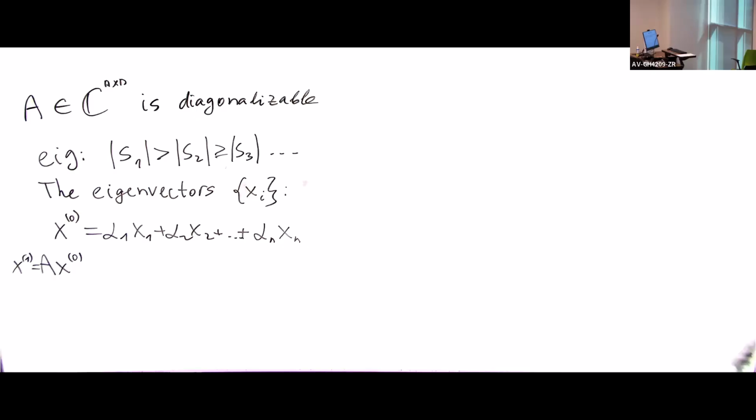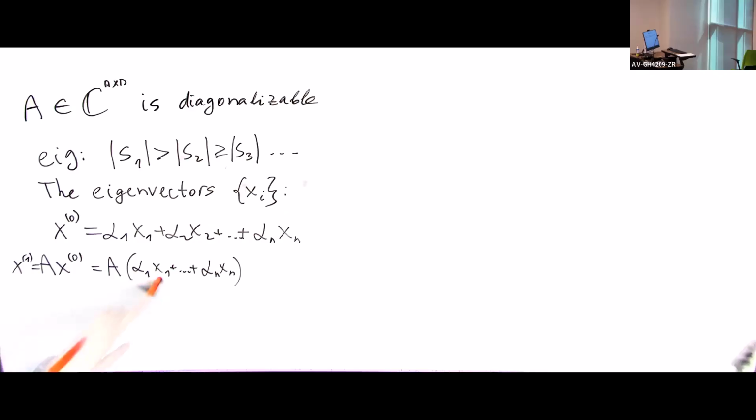So what will it be? A x0 will be A times all of the things, so it will be A times alpha 1 x1 plus up to alpha n xn. But what is A times alpha 1 times x1? This is an eigenvector. A times an eigenvector, what is that?